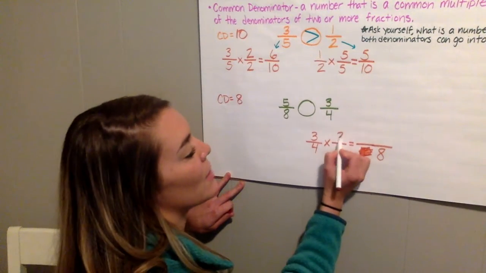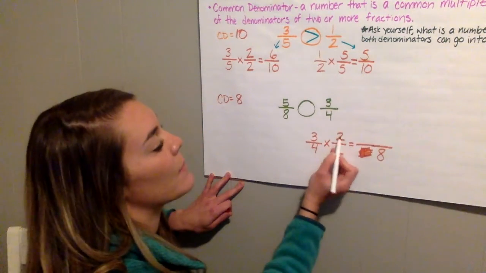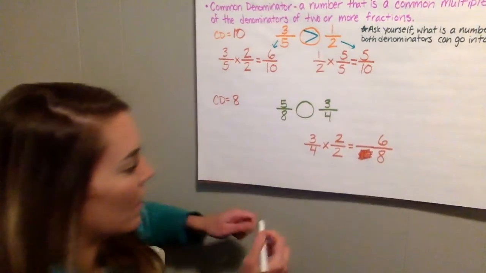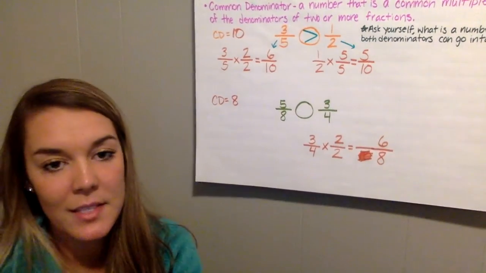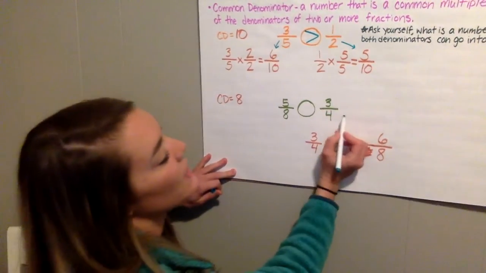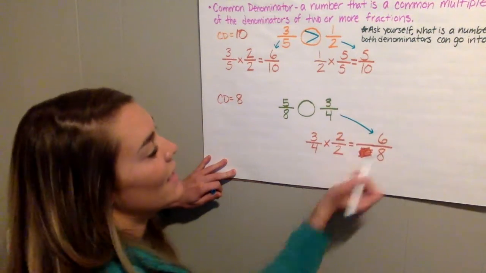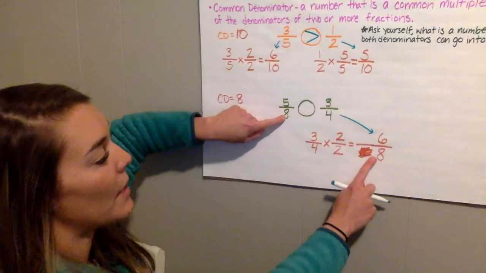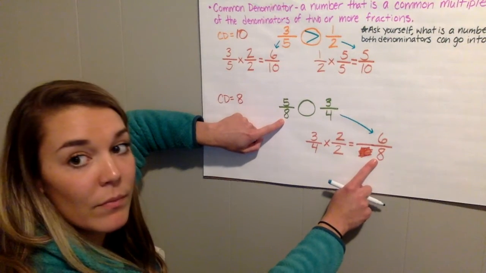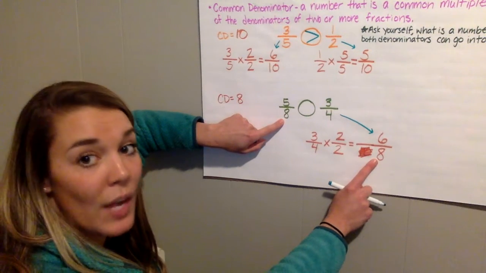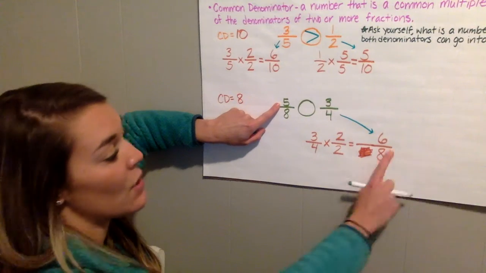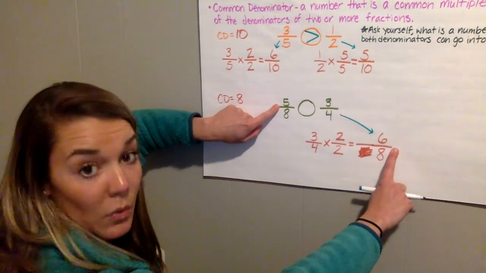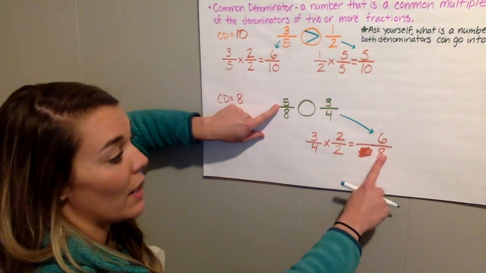Whatever I do to the bottom, I must do to the top. 3 times 2 is 6. Okay, so that means that 3/4 is equivalent to 6/8. Now I can compare because my denominators are the same, okay? What is greater, 5/8 or 6/8? Well, 6/8 would be greater, right?